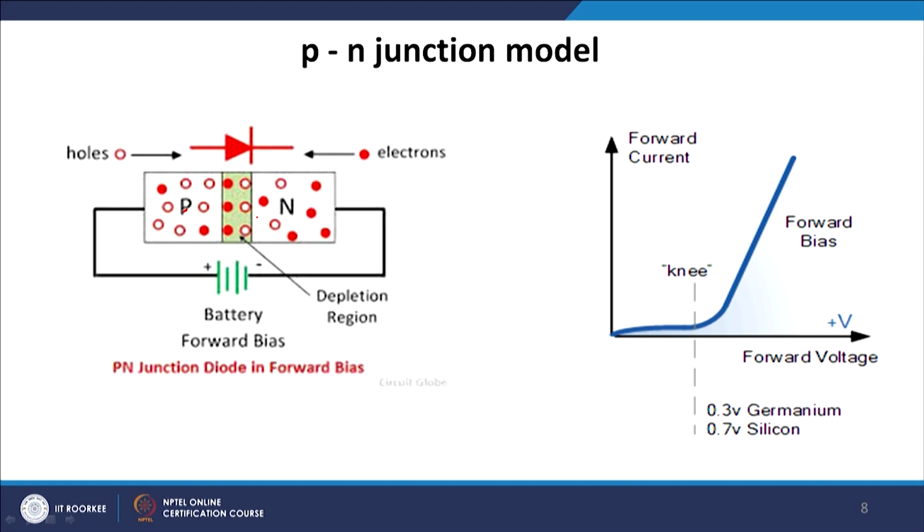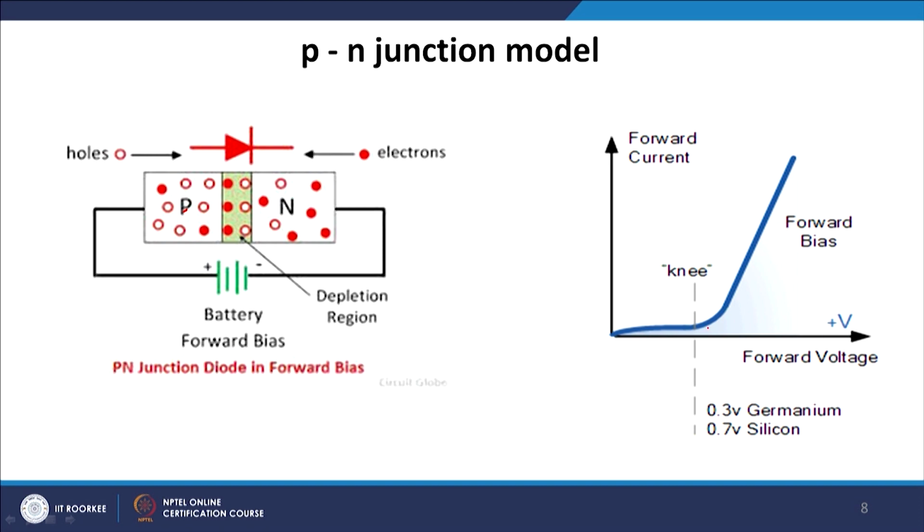The current versus voltage characteristic of a PN junction diode is shown in the right side diagram under forward bias condition. On the x axis we have the forward voltage and on the y axis the forward current. As you increase the voltage, first the current remains almost constant until a particular value, 0.3 volt or 0.7 volt, then all of a sudden it starts increasing.